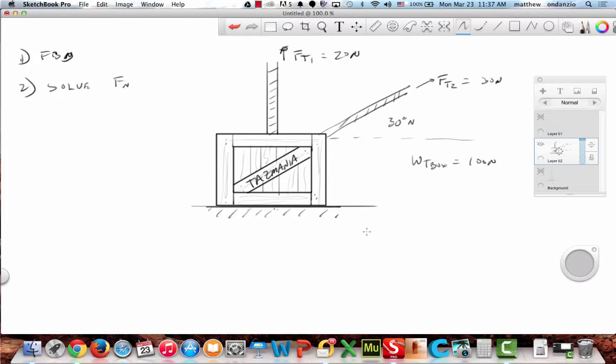Ft2 is 30 newtons at 30 degrees. And then Ft1 is 20 newtons. So draw the FBD, and then solve for the normal force.